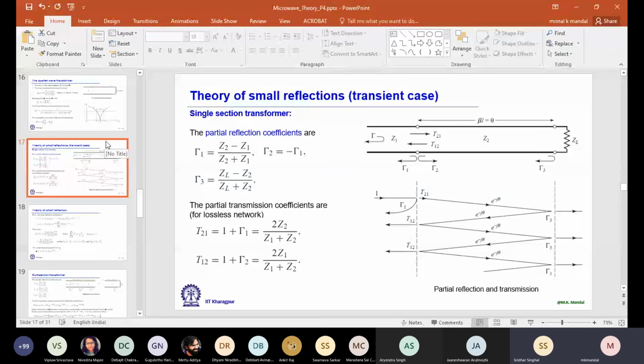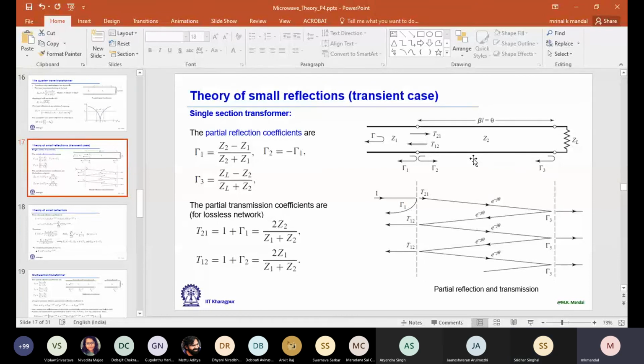For all the cases, we are considering Z in only. You see, for the quarter wave transformer, we have just one junction at the left hand side, no? But sir, in that we had considered Zn, but in this theory of small reflections, we have only considered Z2, as you said that at this junction of Z1 and Z2, we cannot see ZL.